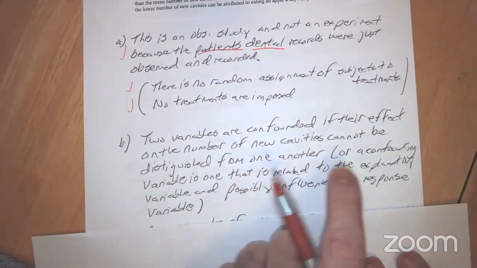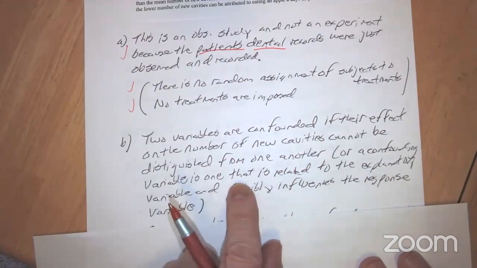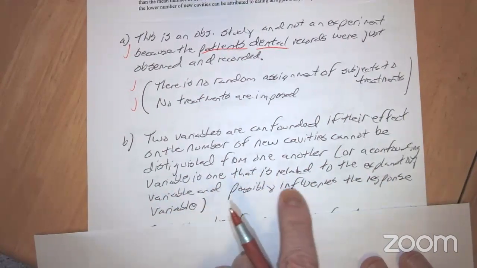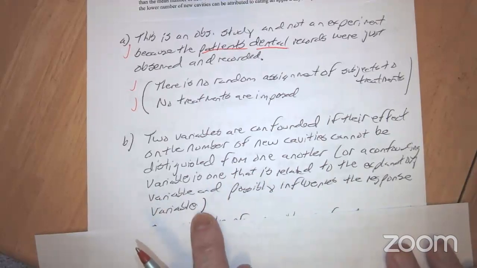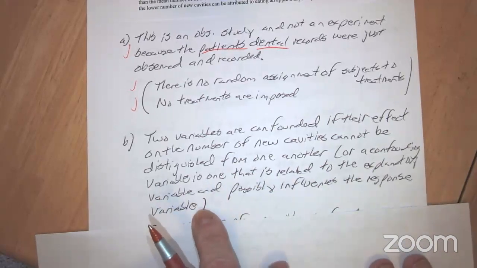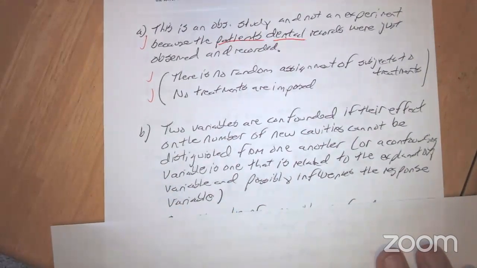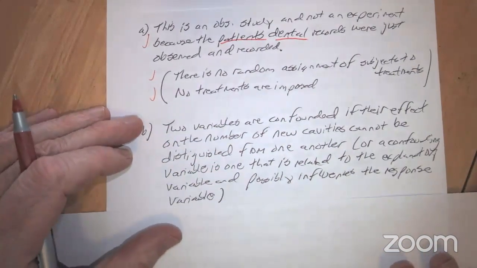That's one way to phrase it. Or a confounding variable is one that was related to the explanatory variable and possibly influences the response variable. So again, I came up with 2 somewhat generic definitions of a confounding variable. Both of those are fine. There's probably lots of other ways where you can also correctly identify it.